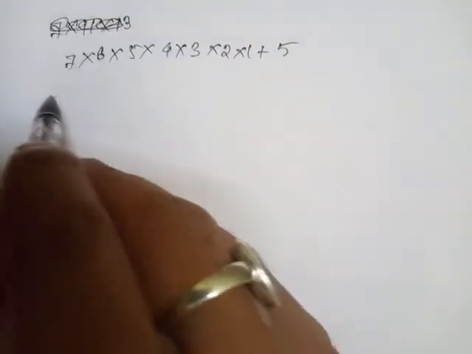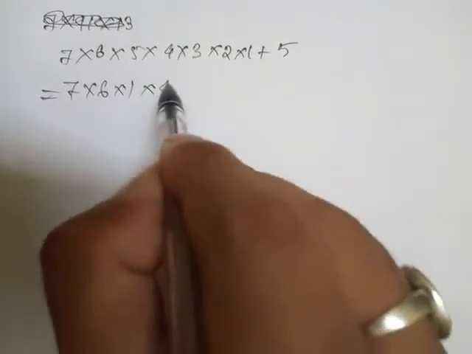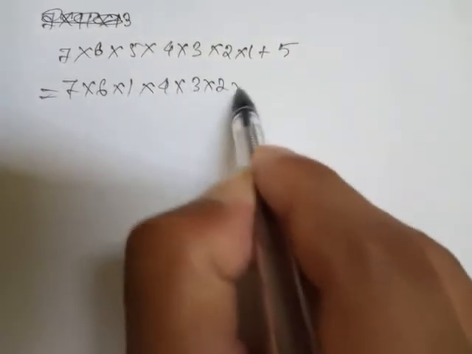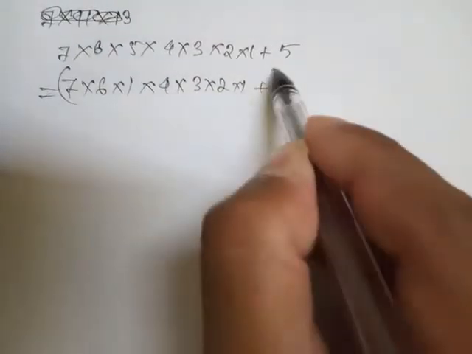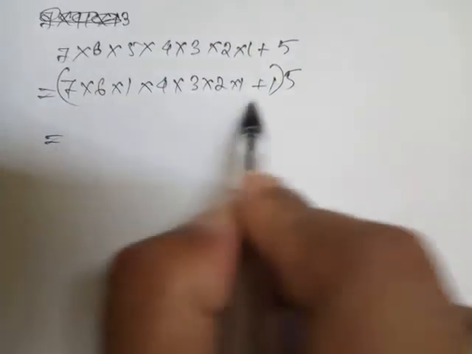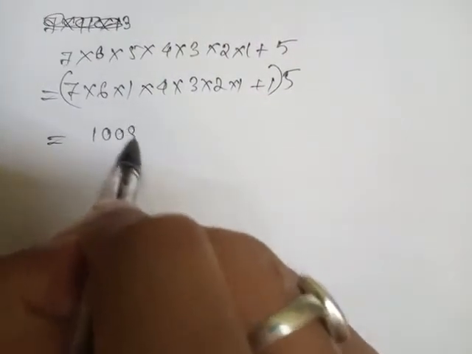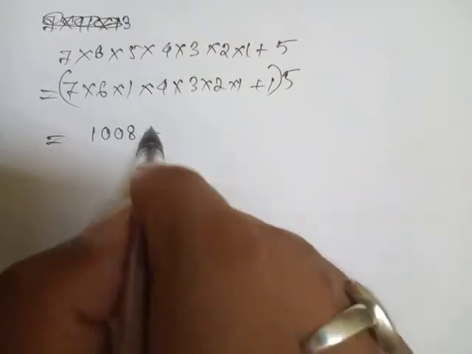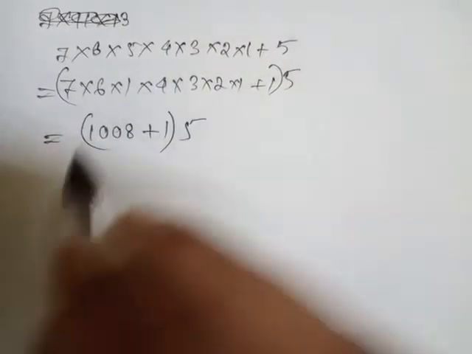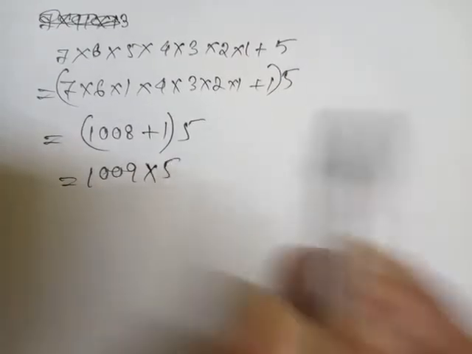Now here also students, if I take 5 common, then 7 into 6 into 1, then 4 into 3 into 2 into 1 plus 1, and if I take 5 common here, so now after multiplying all this value, I repeat again, after multiplying all this value, this is 1008, plus 1, into 5. Now this becomes 1009 into 5.